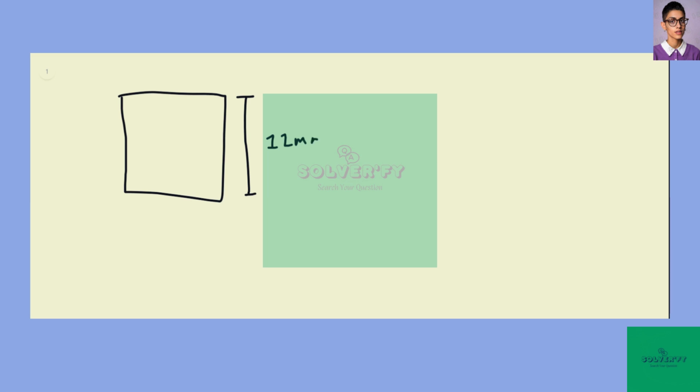Chapter 1, Section 5, Problem 14. With a wooden ruler, measure the length of a rectangular piece of sheet metal to be 12 millimeters. So this length right here is 12 millimeters as measured by the ruler.